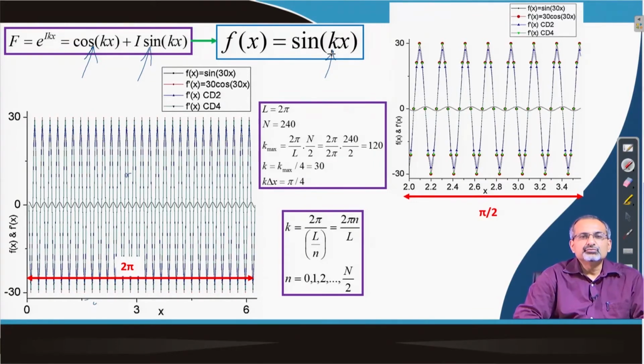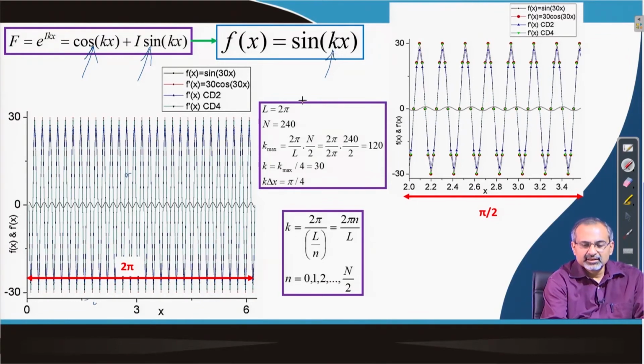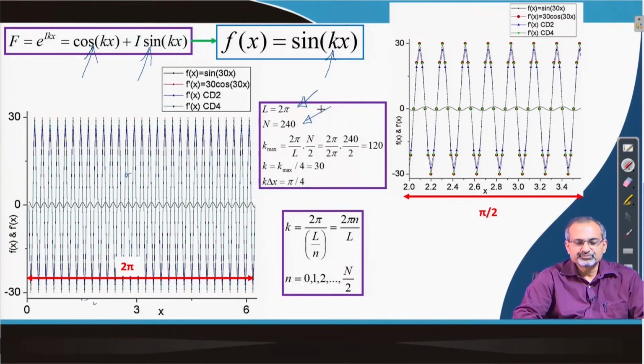For doing this, we have made a few choices in terms of the parameters. We are going to choose a domain length L equal to 2 pi, and we are going to use 240 grid intervals to be spanning this length 2 pi.